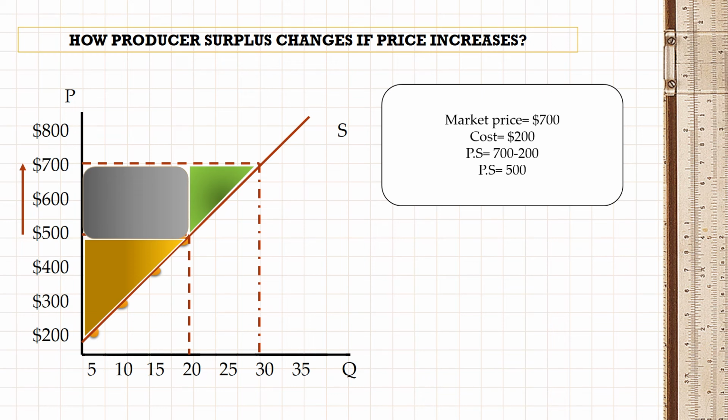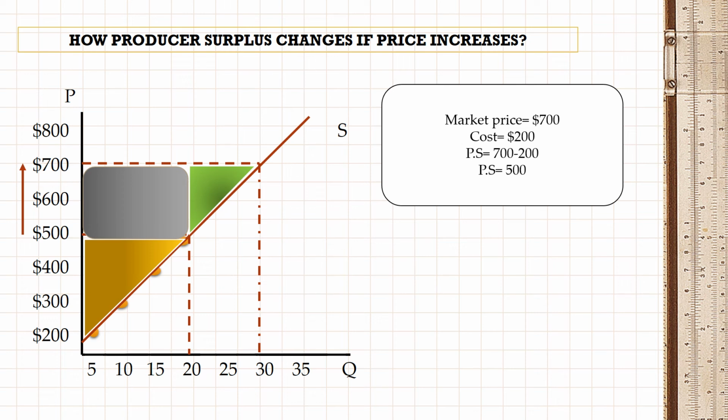Whereas this little green triangle is the producer surplus due to new entrants into the market. Remember, as I mentioned before, the providers whose cost is higher than the market price will be out of the market because they won't be able to make any sales.